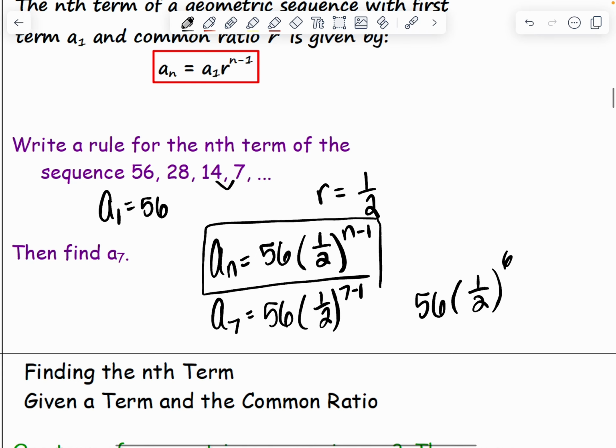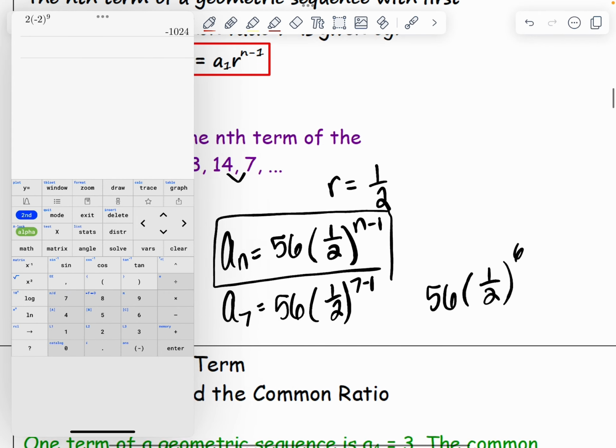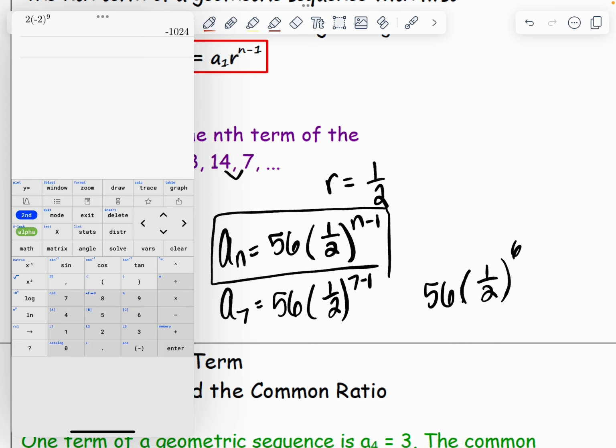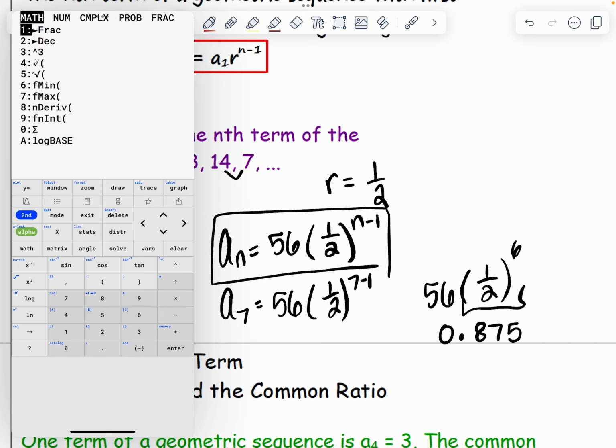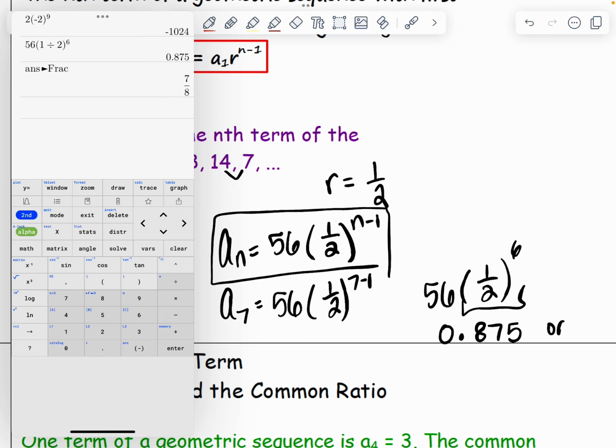If you type this in all at once, it'll give you the correct answer. Otherwise, make sure you do the exponent term first, then multiply by 56, because order of operations matters. And our last term would be 0.875, which is 7/8.